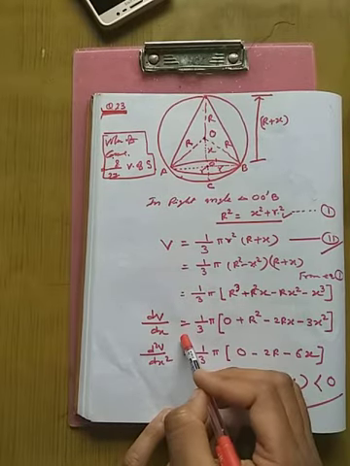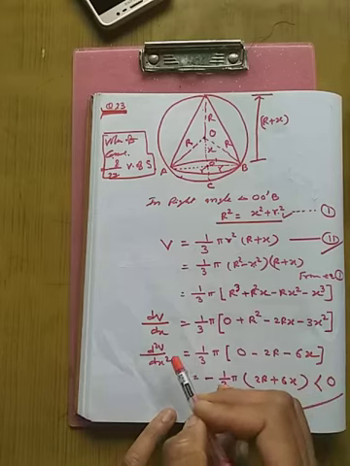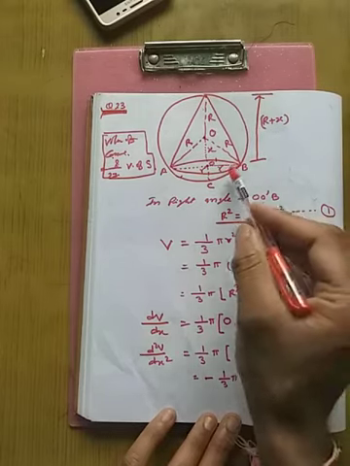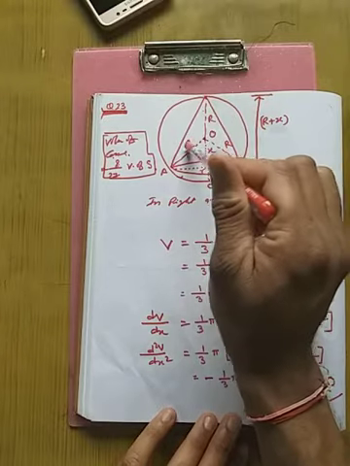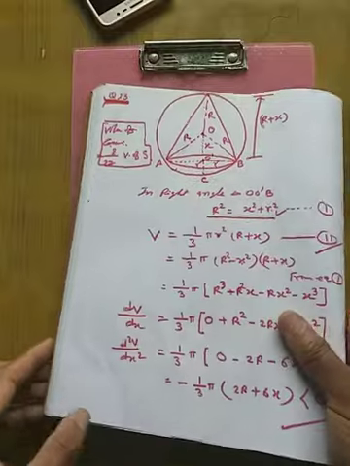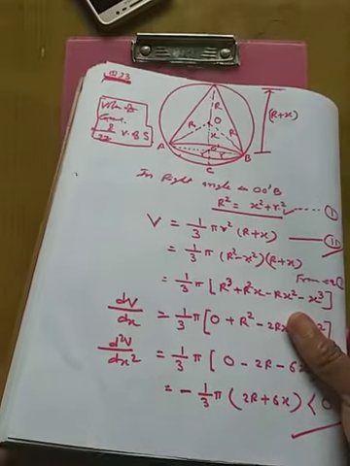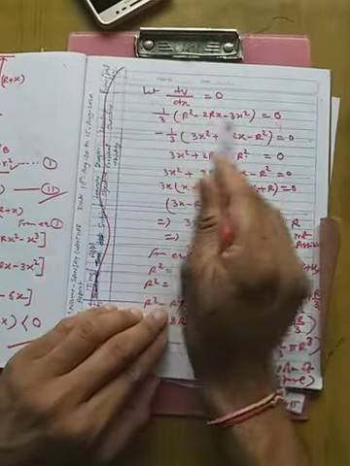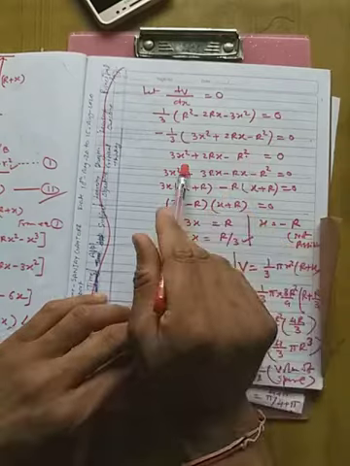Now dV upon dx, after differentiating this, you will get this, and d square V upon dx square is less than 0, which will show that this cone has a maximum volume. Now let dV upon dx equal to 0, means this, right?